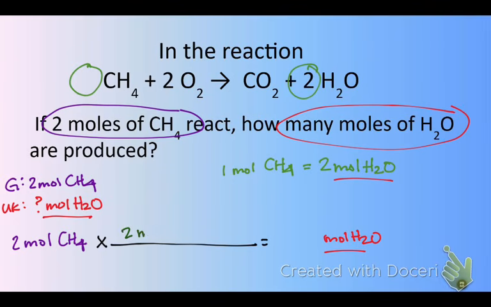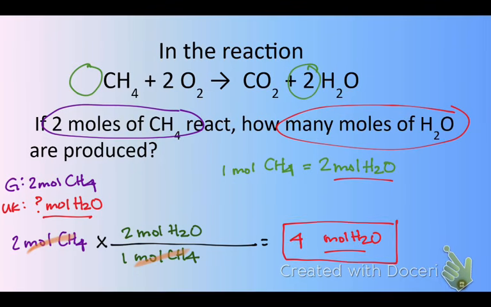So I'm going to put 2 moles H2O over 1 mole CH4. I know I set this up correctly because moles of CH4 and moles of CH4 cancel out. Our numbers are side by side this time, so what are we going to do? Multiply. So 2 times 2 is 4, so the answer is 4 moles of H2O.